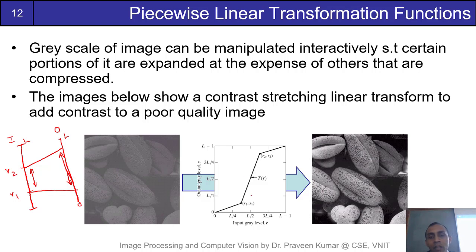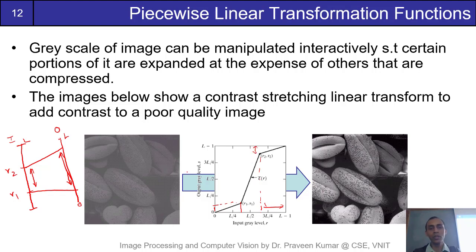So this piecewise linear transformation function is doing something like this. All these input values are being mapped to a small range here. Similarly, all these input values here are getting mapped to a small range here.